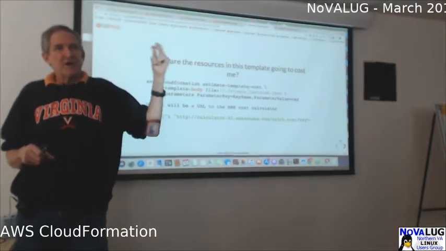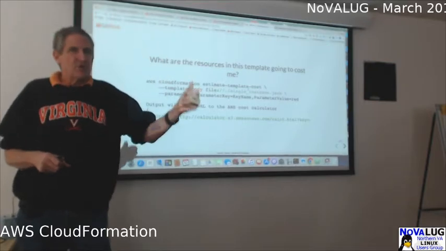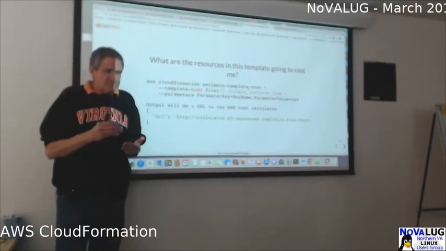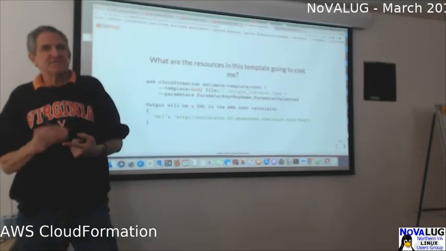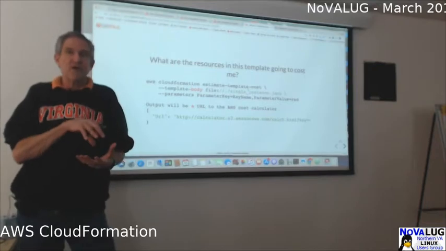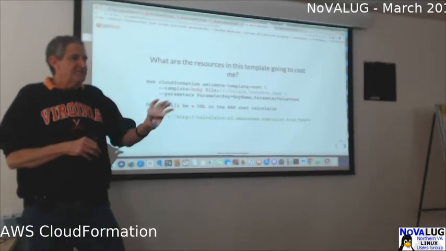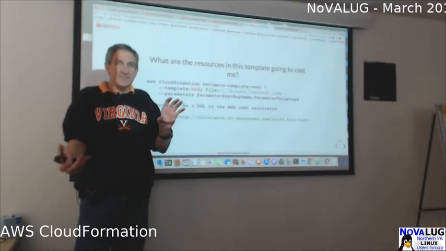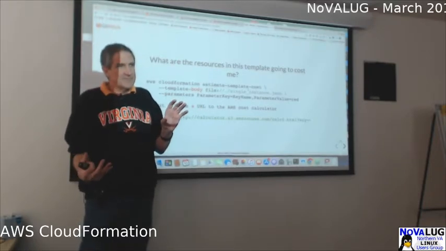I got requirements, make me a thing, get it done, keep going, make the next thing, get it done, keep going, next thing, etc. You can't motivate a developer to save money on cloud resources. It's difficult to do that because you're giving them requirements. You can't say, make me a service that does this, and oh, by the way, it needs to be cheap. It's hard to satisfy that second requirement.